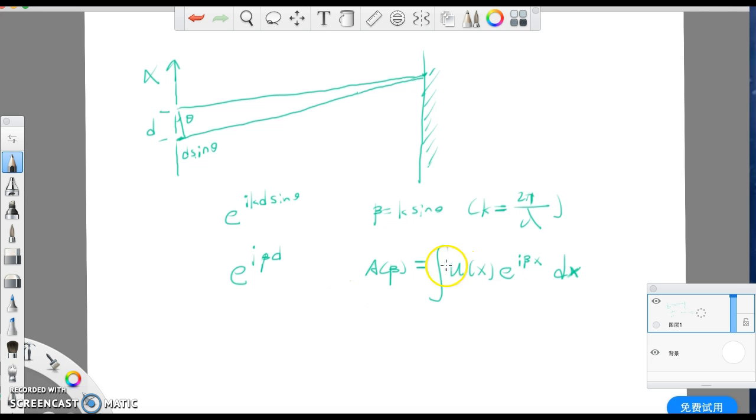The resulting pattern on the screen would be the Fourier transform of the slit function. So that's Fourier optics, right? That's what you learned in lecture.